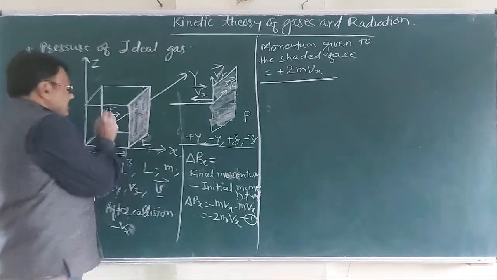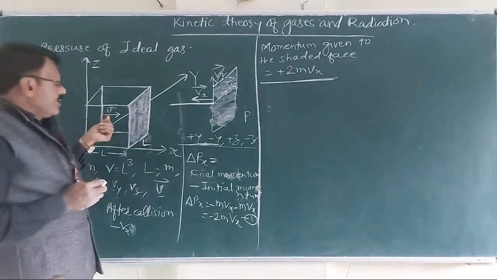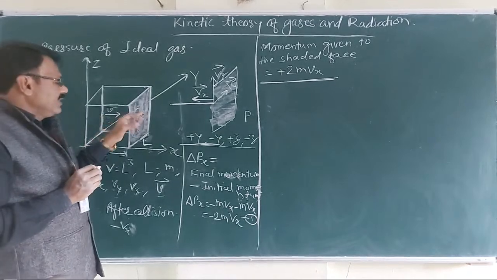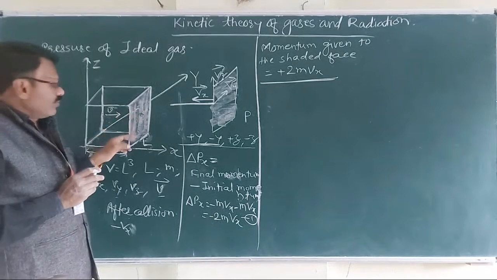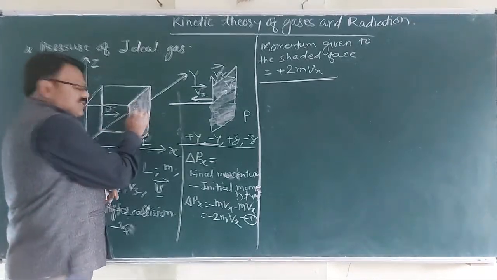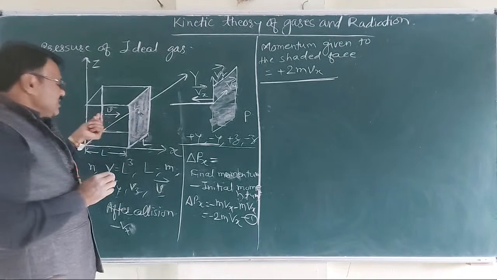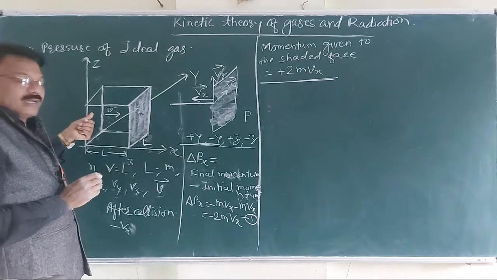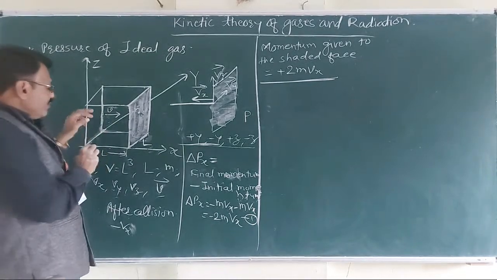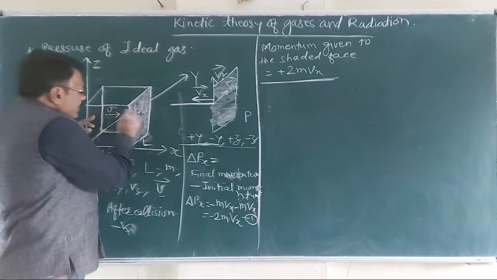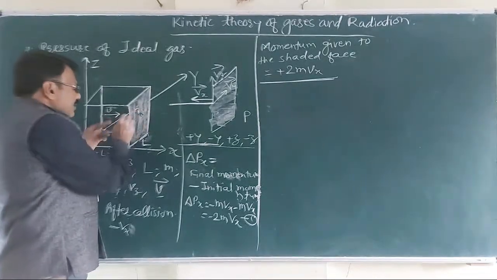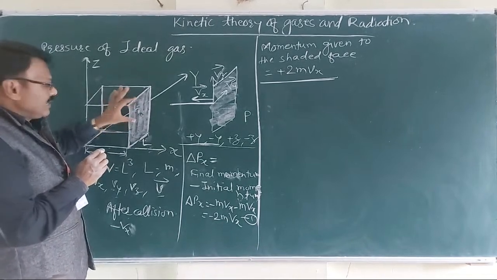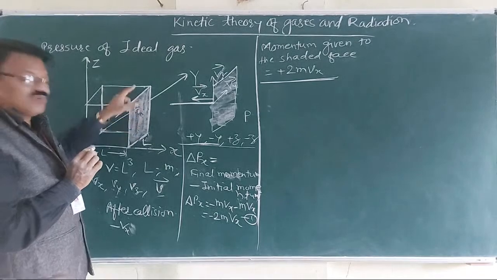Now consider initially this molecule travels from this position, and when it is incident on the shaded phase, there is a first collision. After reversing from this phase, it again reaches this phase, and after collision with this parallel phase, it again reaches this phase. It means that there are two successive collisions with this phase.